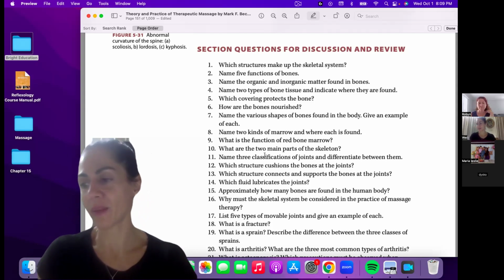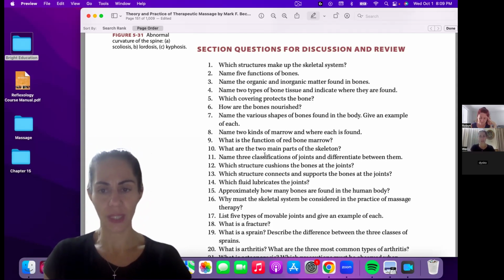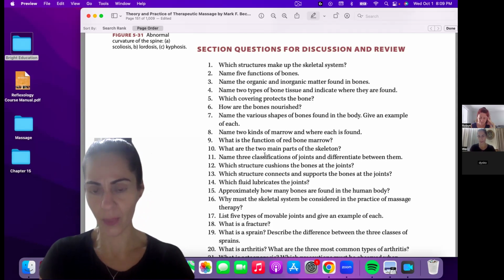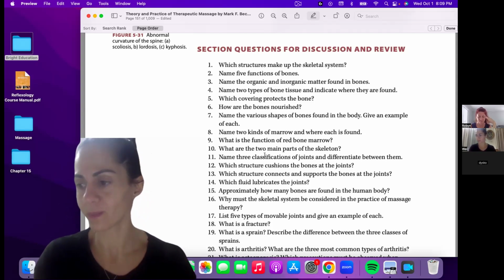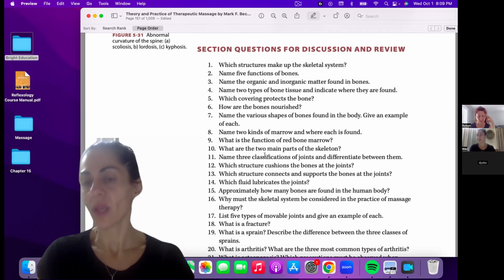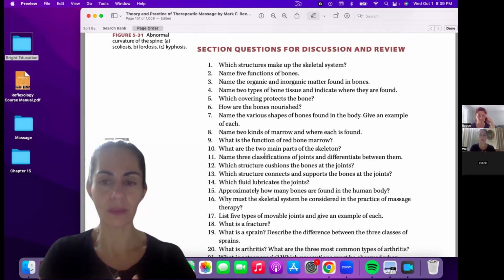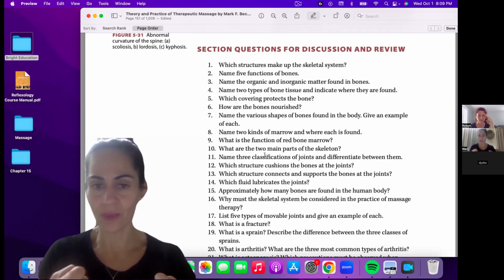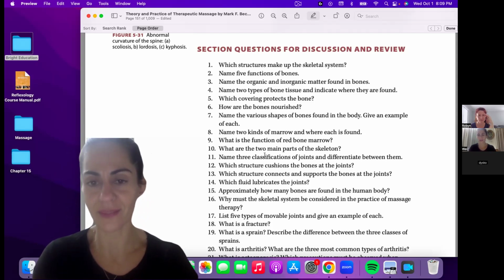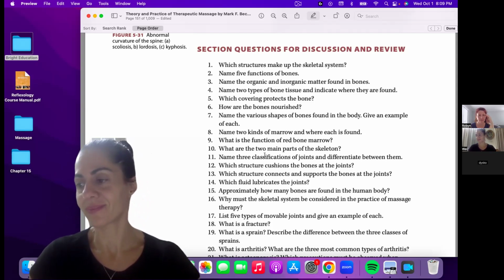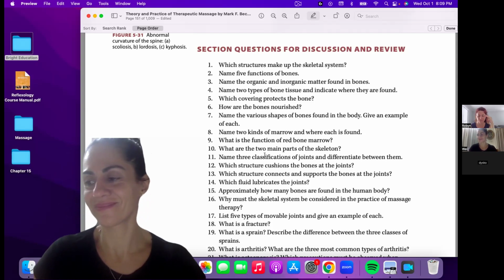Number 13. Which structure connects and supports the bones at the joint? Meaning bone to bone is connected by what? Tendon.